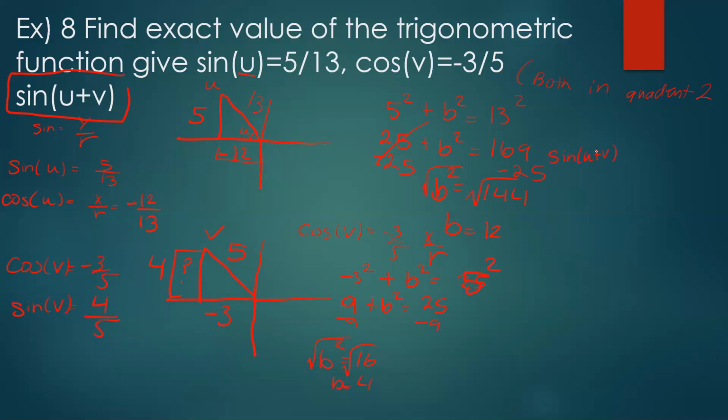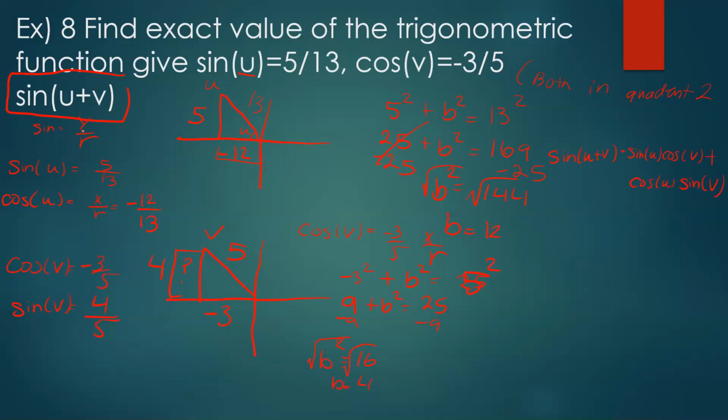So that's going to be formula 1. The formula would be sine of u times cosine of v plus cosine of u times sine of v, right?